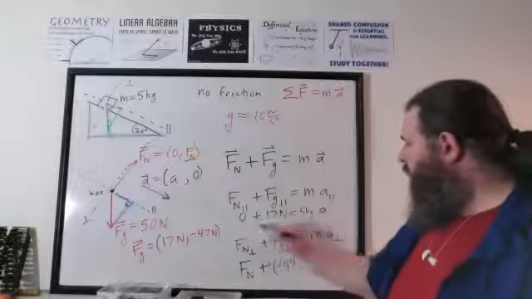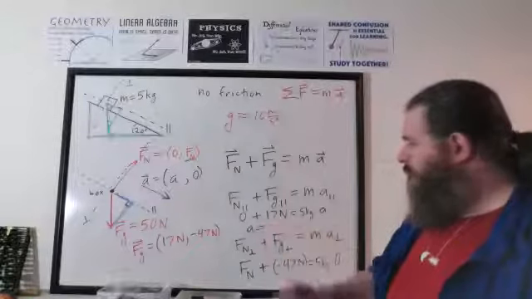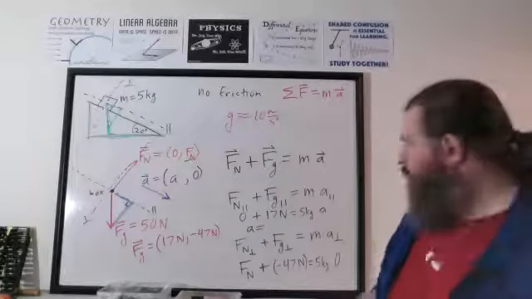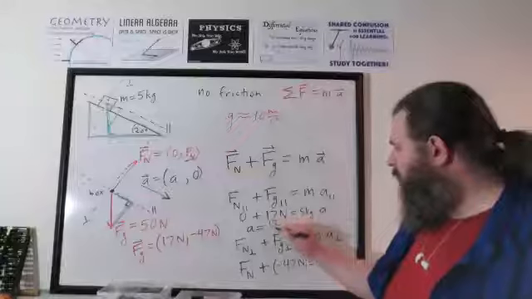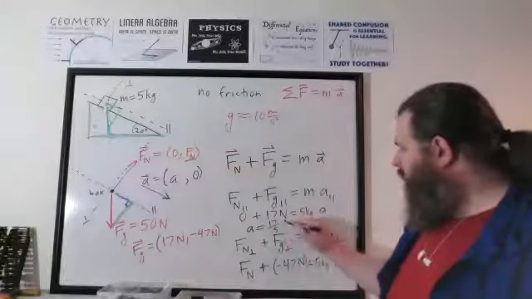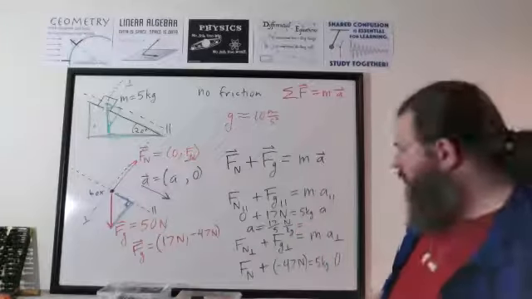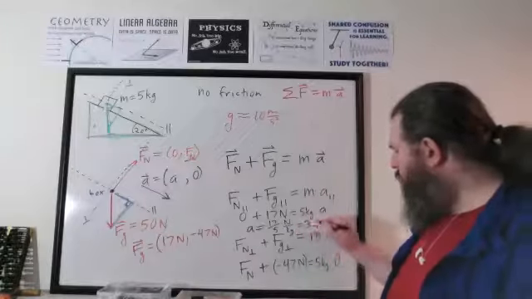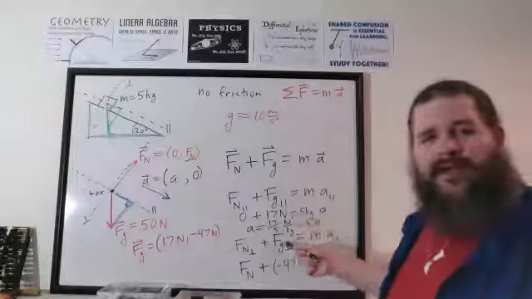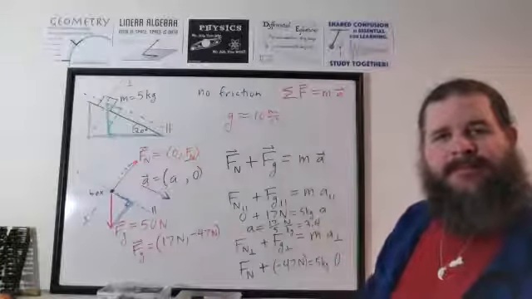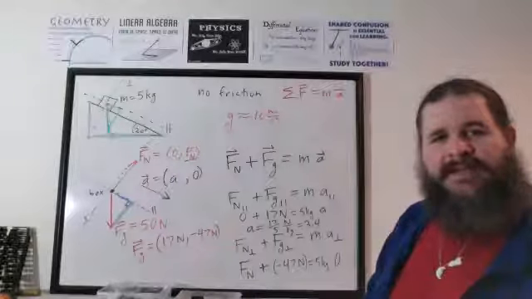How would you isolate A, for instance? Divide by 5. Yeah, so 17 over 5. And newtons divided by kilograms as the units. 17 over 5 would be 3.4. And what happens when you divide newtons by kilograms? What does newtons actually mean?